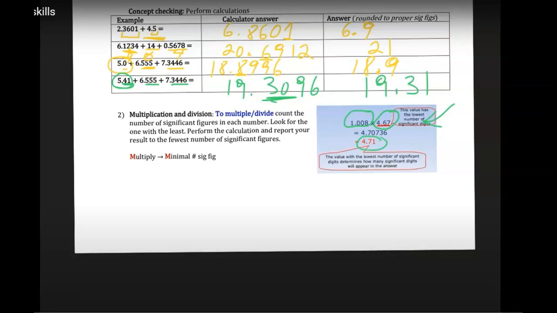So again, to emphasize, for addition and subtraction, we were looking at places after the decimal point. For multiplication and division, we are looking at the minimum number of significant figures, and that's going to be how many you can have in your answer.